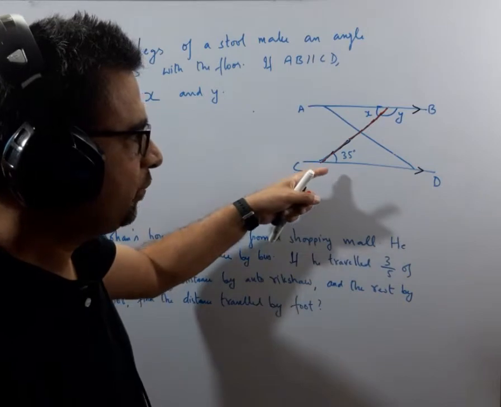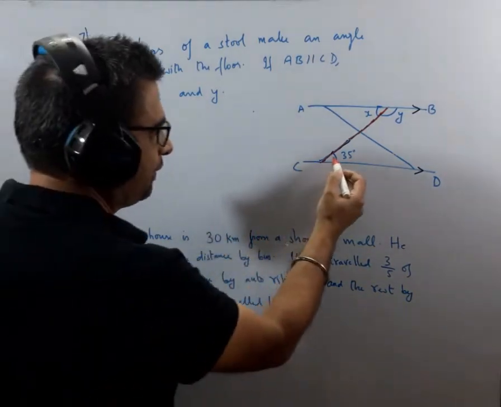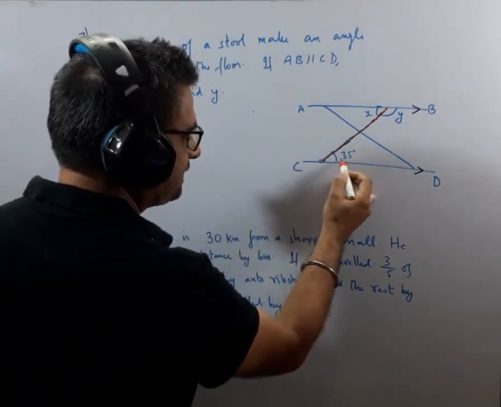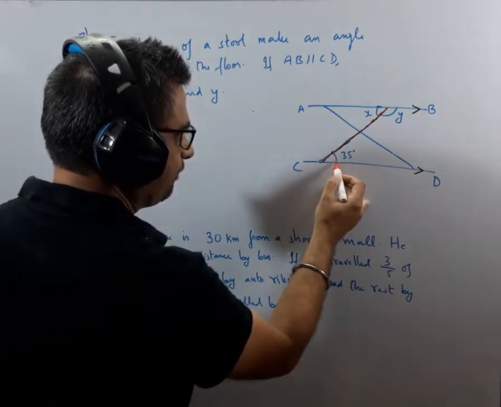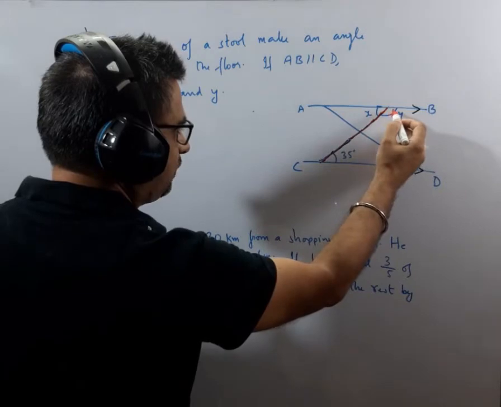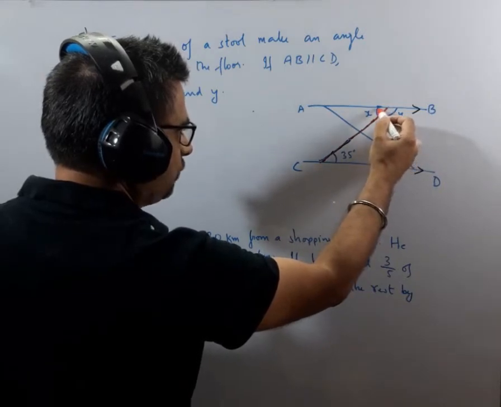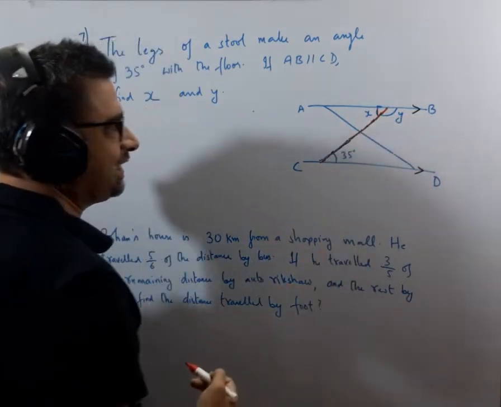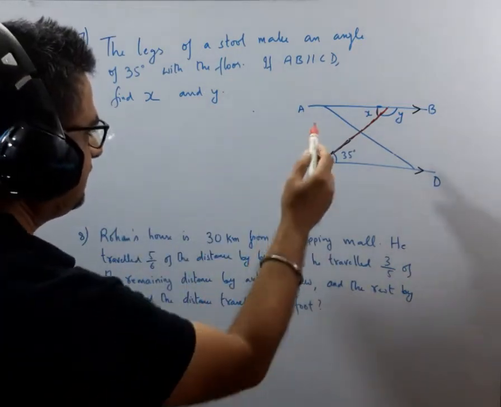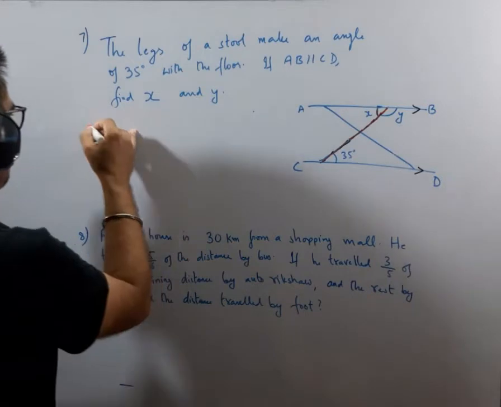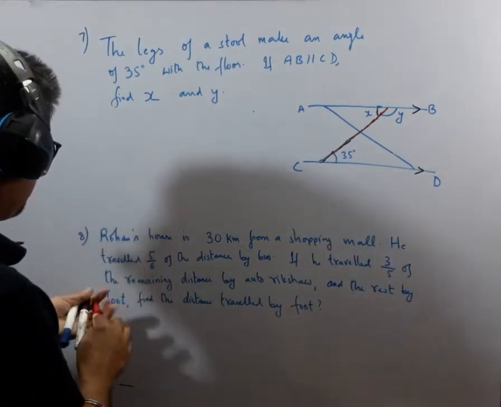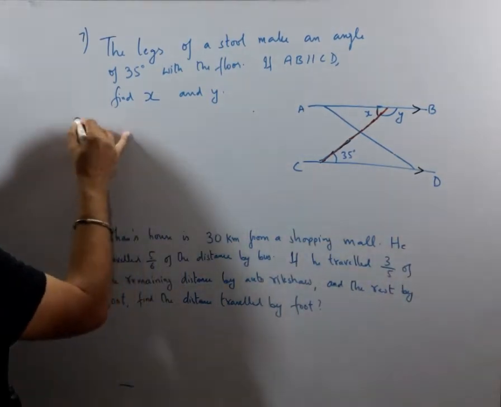Now, when I have one parallel side making an angle of 35 degrees here, this parallel line with the same transversal would also make the same angle. Why is that? The two are alternate interior angles. So here, as you would appreciate, this is what you would be expected to write.